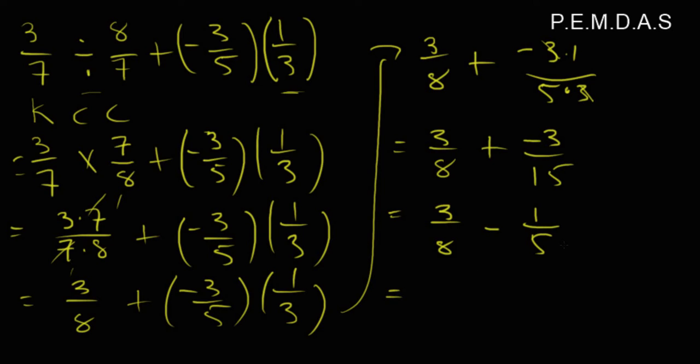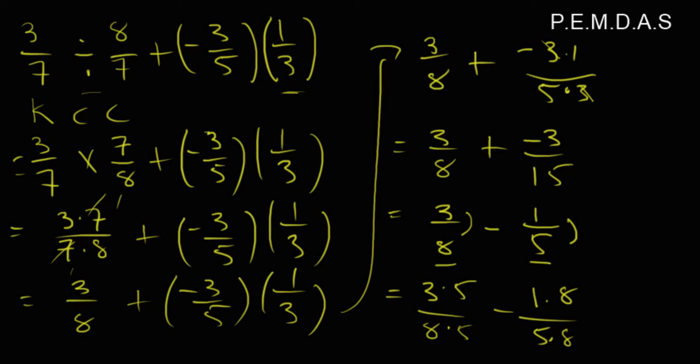So that equals, I'm going to do this the brute force method of finding the least common denominator, it's really a shortcut as well, especially with small numbers like this. We'll go 5 times 8 and multiply this fraction times 5, this fraction times 8. So it's going to be 3 times 5 over 8 times 5 minus 1 times 8 over 5 times 8.